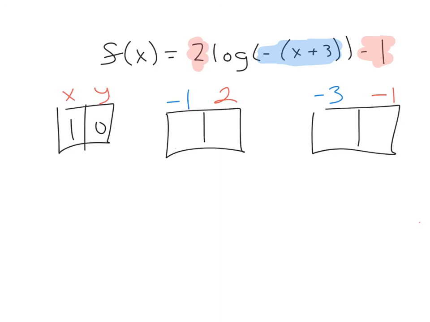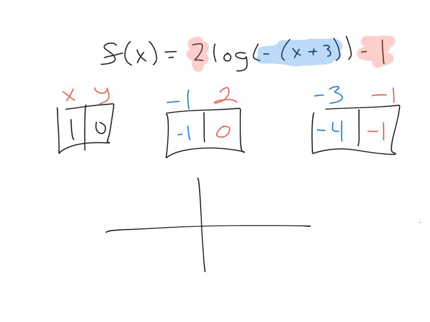So let's do the x since I have my blue out. 1 times -1 is -1. -1 minus 3, that's going to be a -4. Now let me get to my red. I'm going to do 0 times 2, that's still 0. Now 0 minus 1 is a -1. Now let's go ahead and apply it to the graph here.